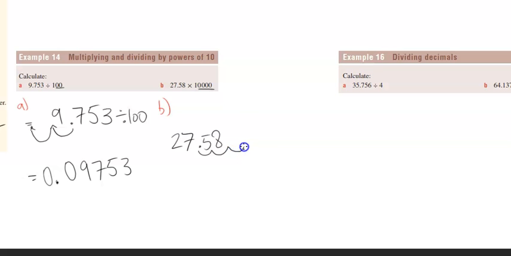So let's just pretend there are zeros there. 3, 4. So this will end up equaling 2, 7, 5, 8, 0, 0. Now we don't have to write 0.0 afterwards because we know that this is the final whole answer, 275,800. So we're getting 10,000 lots of this, this will be our final solution.